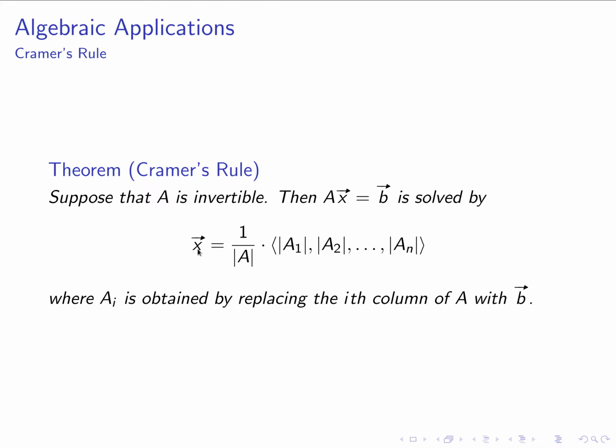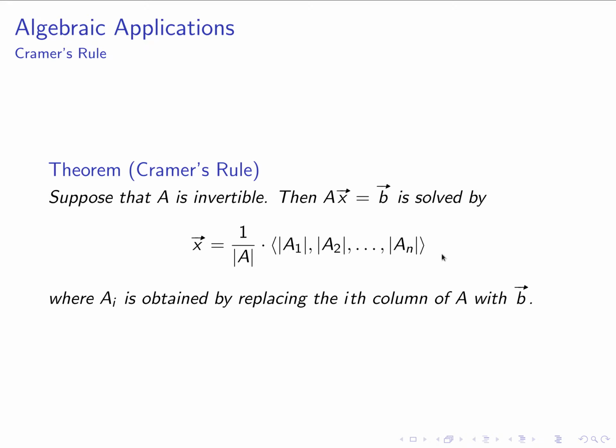So the vector X that solves this system is guaranteed to equal 1 divided by the determinant of A multiplied by this vector of determinants, where the first entry is the determinant of a new matrix A1, the second entry is the determinant of a new matrix A2, and then we keep going until we get to the determinant of this last new matrix AN. And the ith matrix in this vector of determinants is obtained by replacing the ith original column of A with the vector B in question.